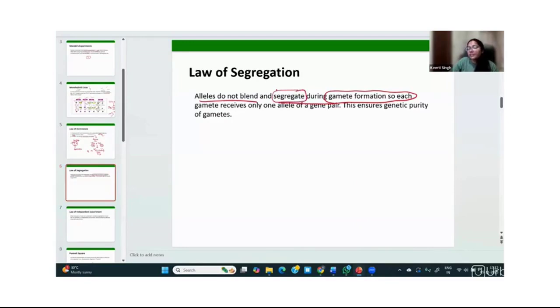This segregation will take place during gamete formation, and a gamete will receive only one allele of a gene pair. Suppose this is the parent and this is going to form the gamete. Okay, so only one allele is going to be placed in a single gamete, right?